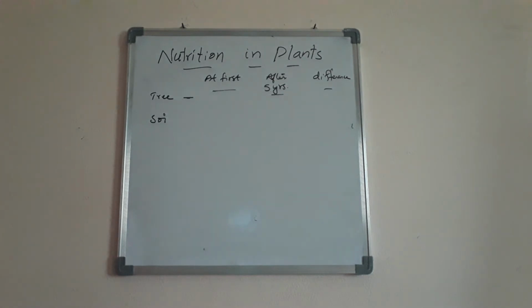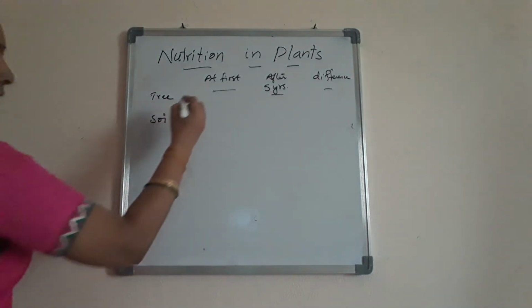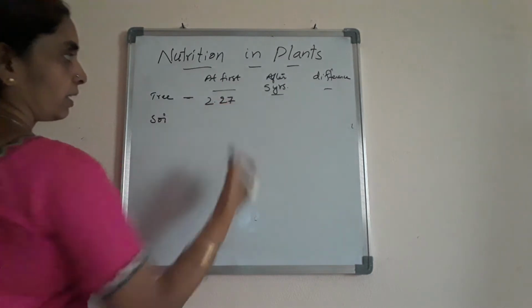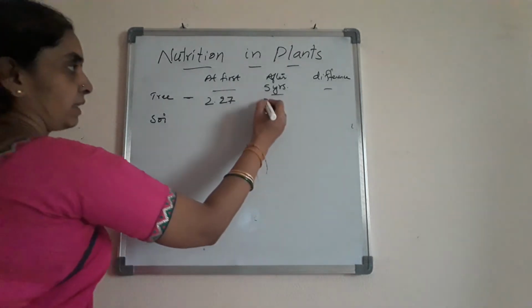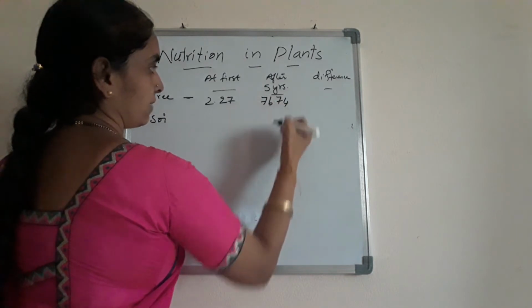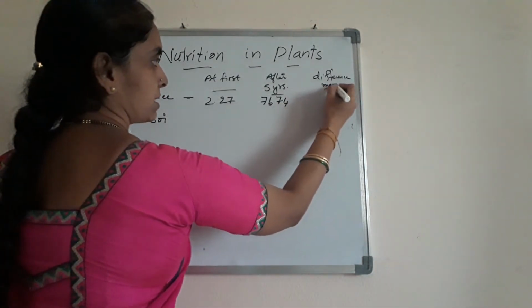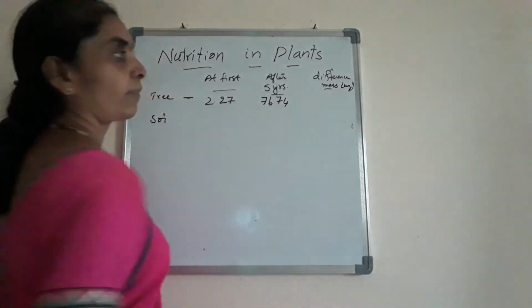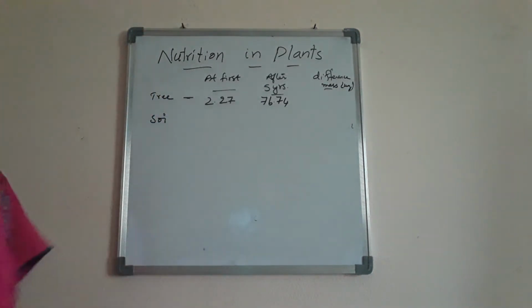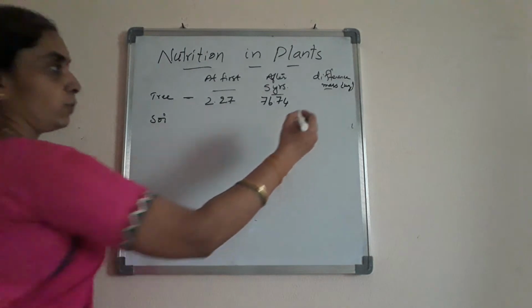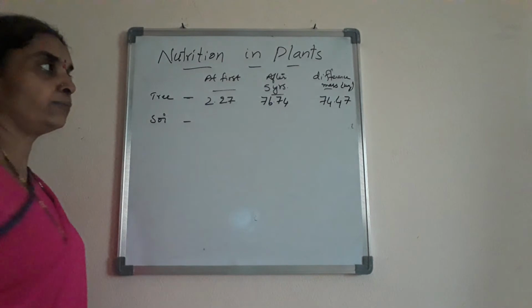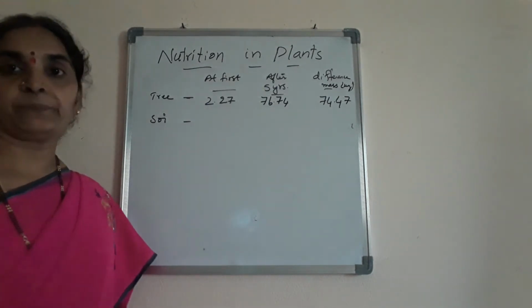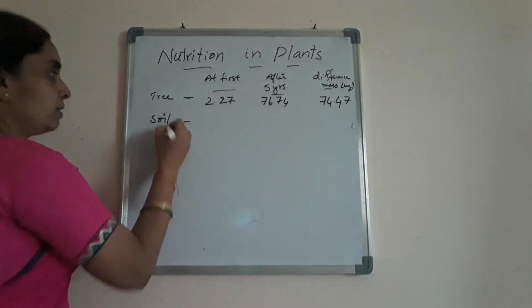The mass of the tree was 2.27 kgs at first, and it increased to 76.74 kgs. Okay children, so what is the difference? The difference being 74.47 for the tree.